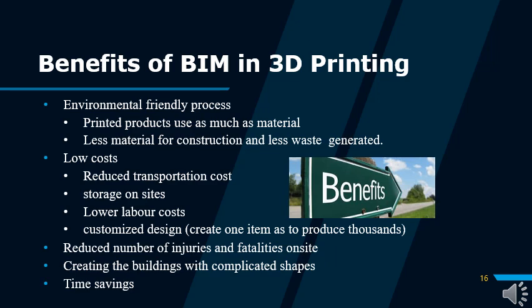Conventional technologies may not easily achieve complicated shapes. By using 3D printing, it would have the potential to create more efficient and interesting designs. Lastly, reducing the building construction time is also possible when using 3D printing.